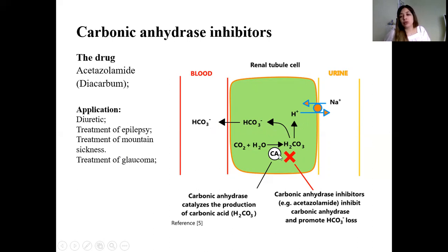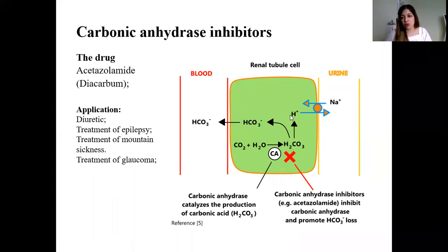So what do we have here? If we use carbonic anhydrase inhibitors, for example, acetazolamide, it will inhibit the carbonic anhydrase, inhibit this moment, and it will promote the loss of HCO3 minus, and also H plus will not be generated.